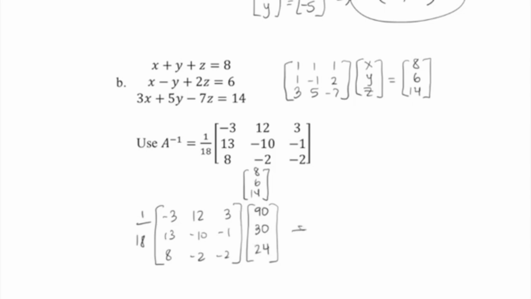So now we take that 1/18 and multiply it into this matrix. 90 divides by 18 evenly, but 30 does not, so that's going to be 5/3, and neither does 24.